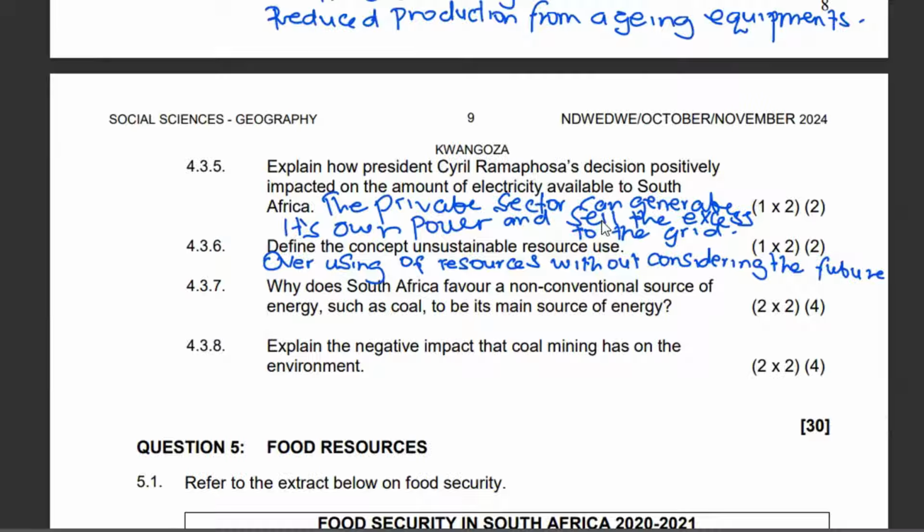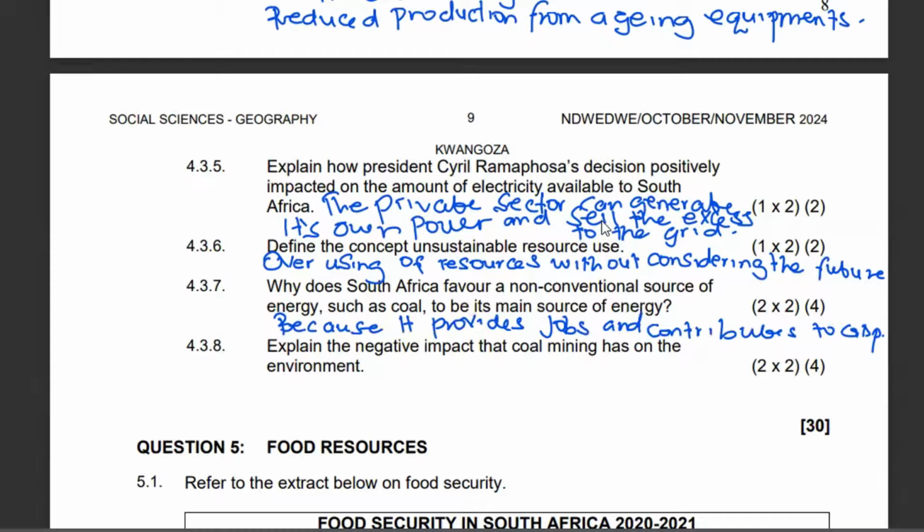Because it provides jobs and contributes to GDP, and also because the government has invested a lot of money in coal mines and power stations.